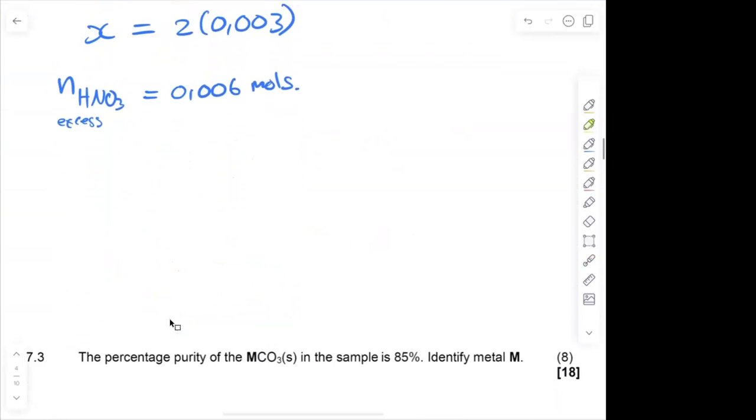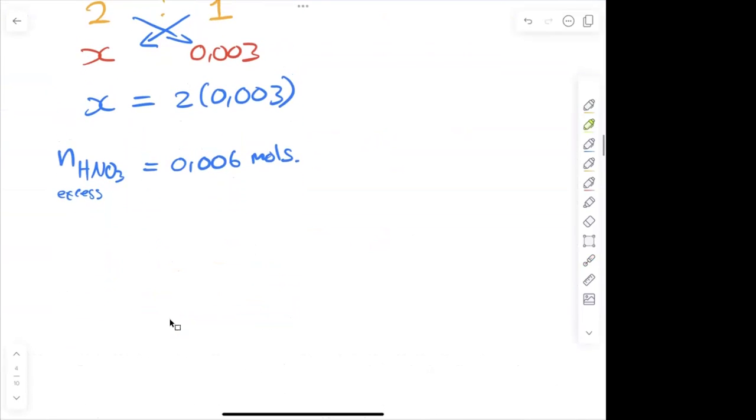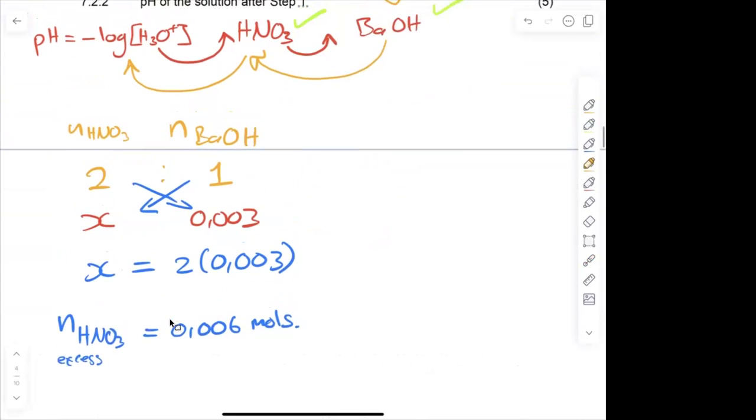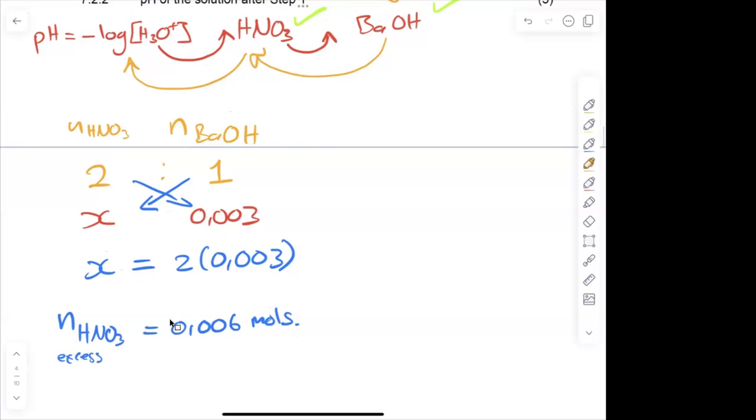Remember what we said in the beginning, how are we going to find the H3O plus concentration? Well, our number of moles of H3O plus is going to be the same as the number of moles of HNO3, because that is the reason why we have the H3O plus in the first place. It's that NO3 that does that.